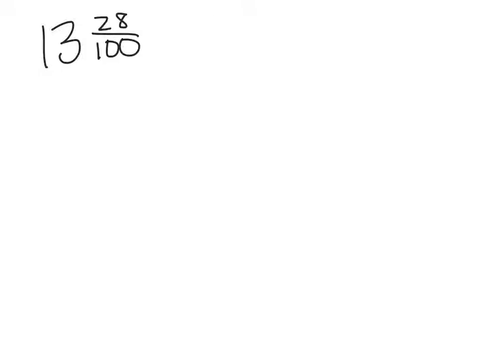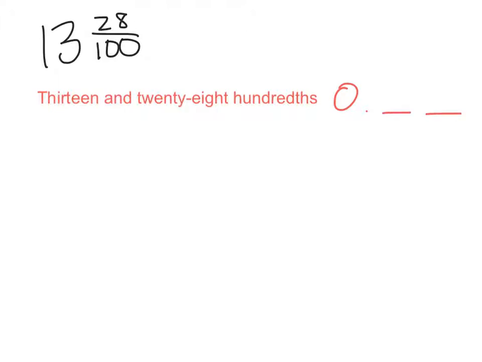Let's try one more. Here we have 13 and 28 hundredths. Now, as you can see, we have a whole number. So this means that we're going to have numbers on the other side of the decimal. But first we read the fraction as 13 and 28 hundredths, and then we determine the decimal place, and we know that 100ths means we need 2 decimal places. Now let's write the equivalent decimal.